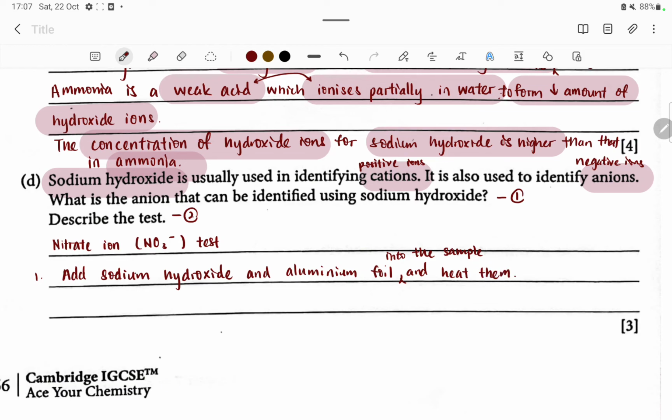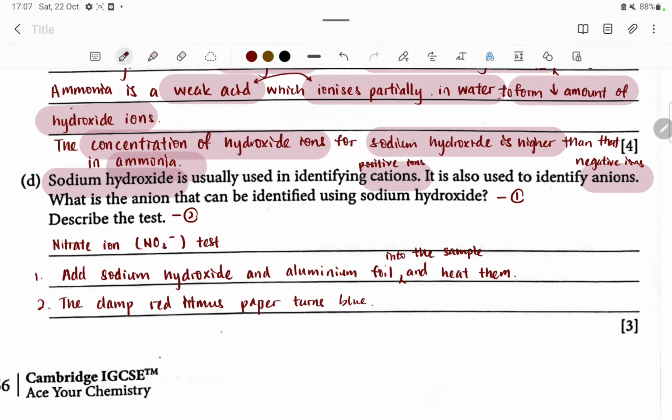And then after that, the damp red litmus paper turns blue. Why is it like that?